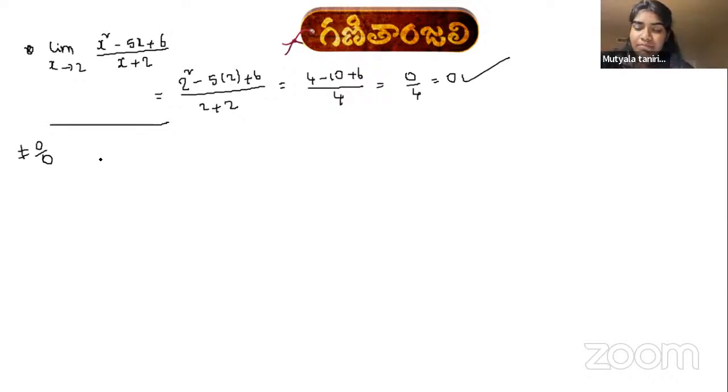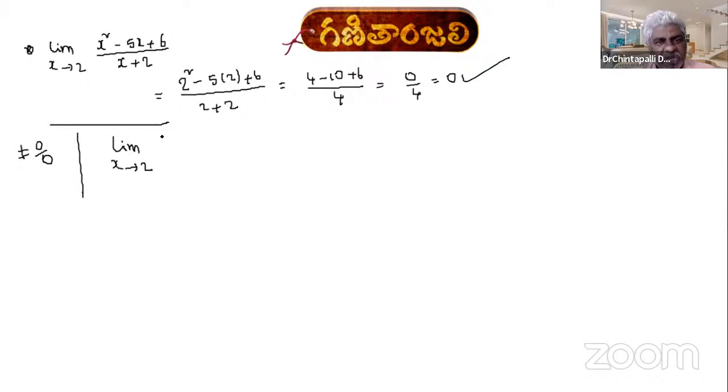But the caution is, don't use L-Hospital rule if it is not in the form of 0 by 0. Since it is not in the form of 0 by 0, if we use L-Hospital rule at this stage, what happens? Limit x tends to 2. Derivative of x square is 2x. Derivative of 5x is 5. Derivative of x is 1.